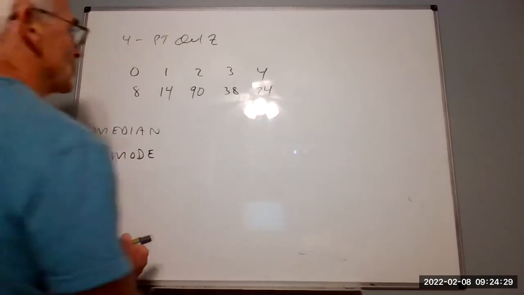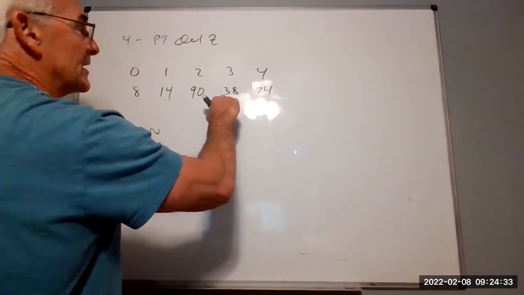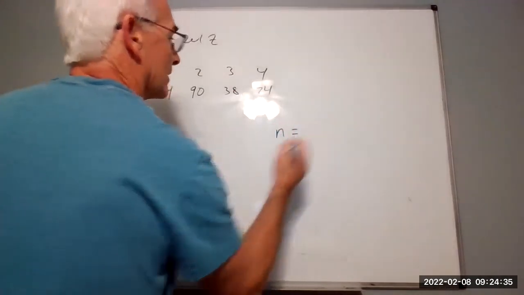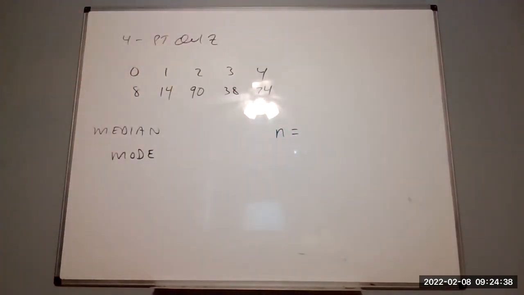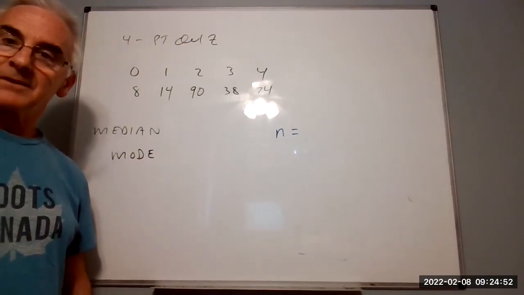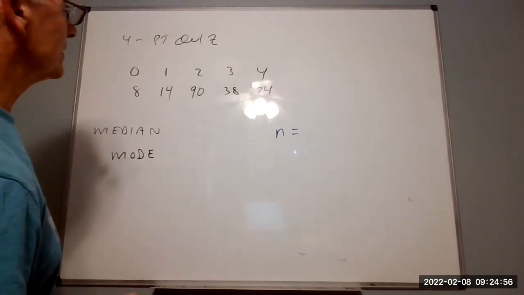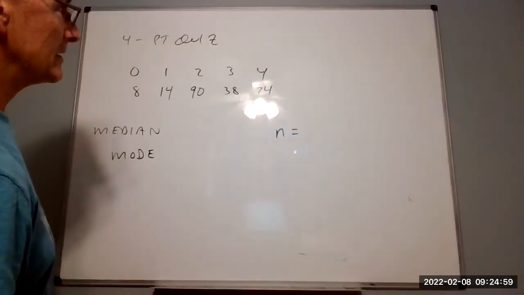So how many scores do I have altogether? 8 plus 14 plus 90 plus 38 plus 74. How many scores altogether? Anybody? Let's add those up. What does that come out to be exactly? 224.